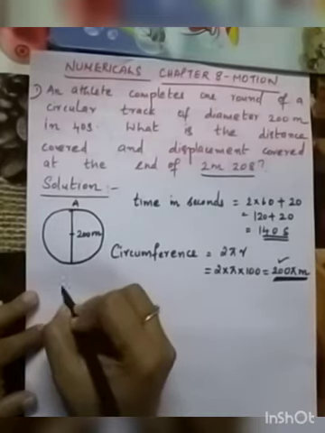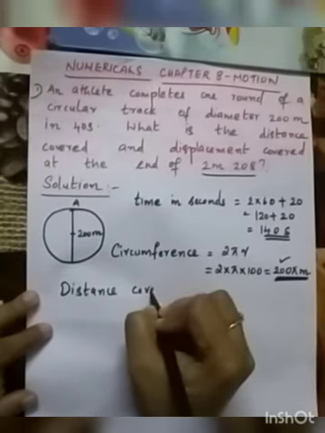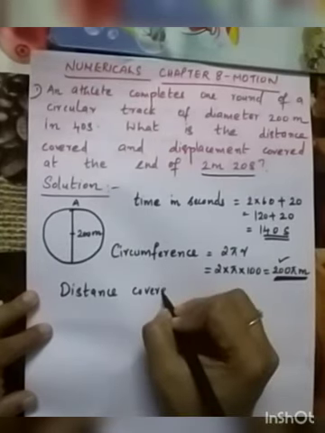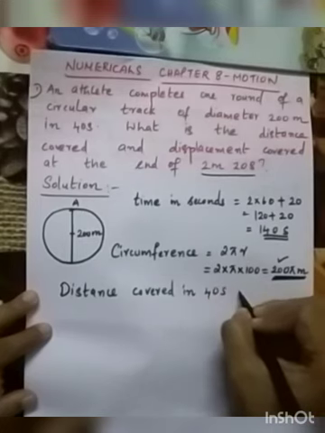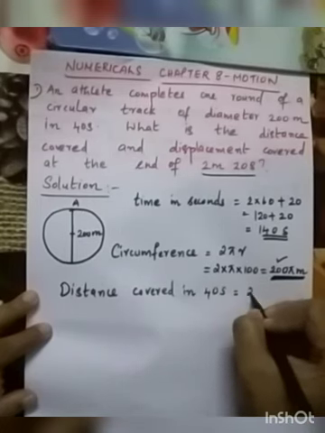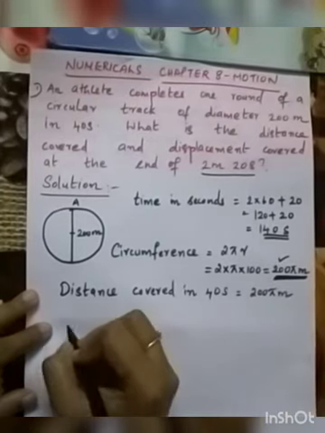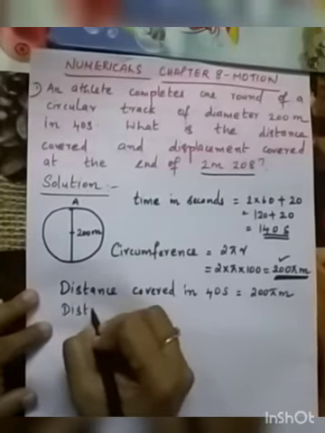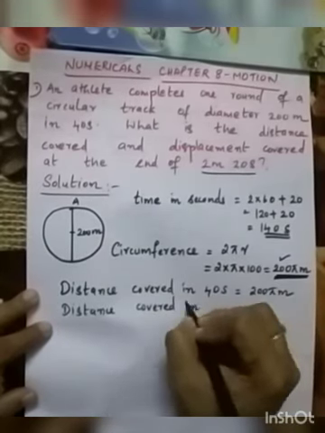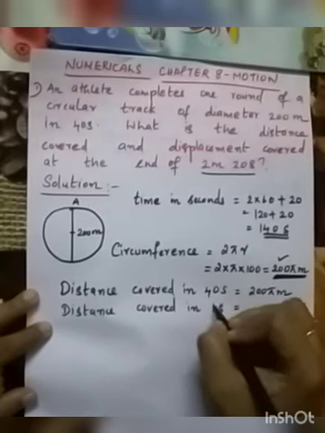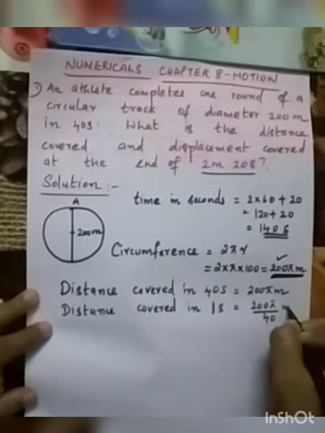So we can write distance covered in 40 seconds is equal to circumference of the track, that is 200 pi meter. So what will be the distance covered in 1 second? Distance covered in 1 second will be 200 pi by 40 meter.